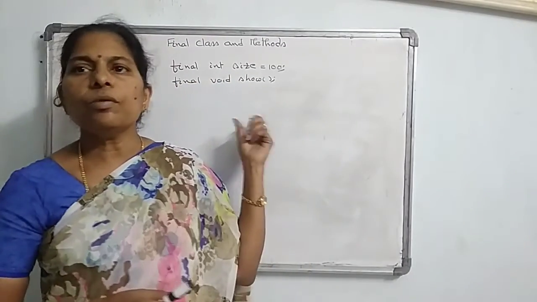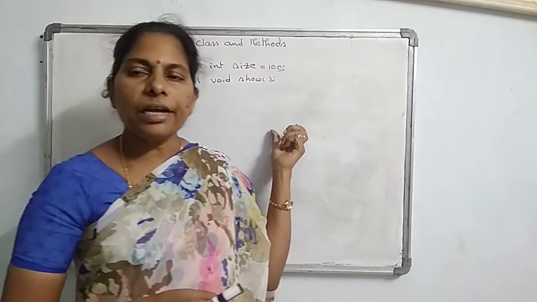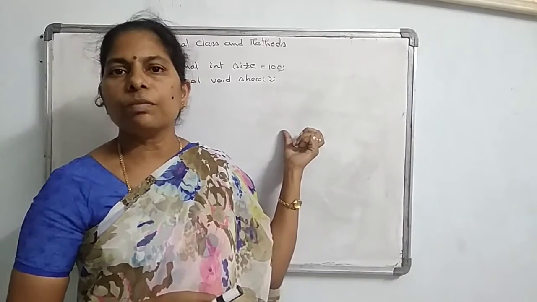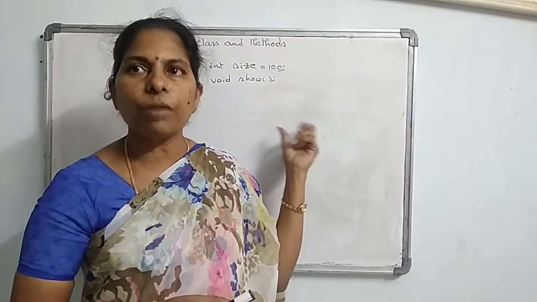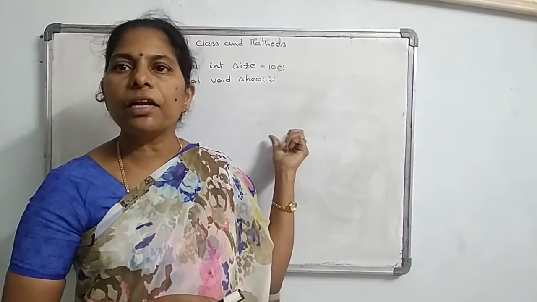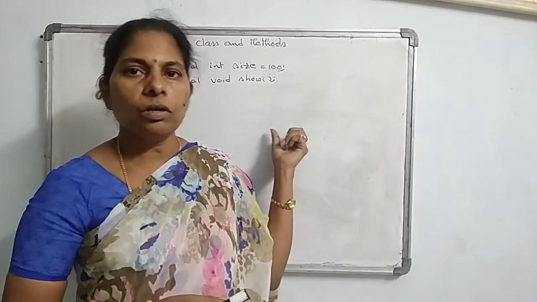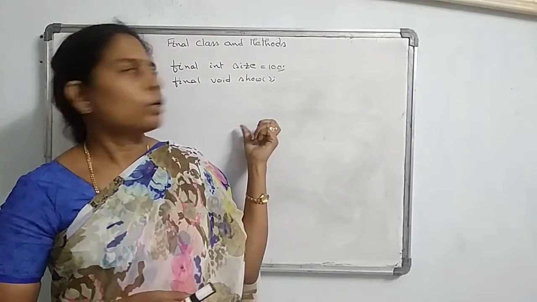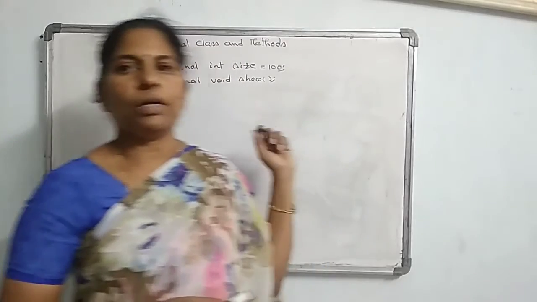And final variables are like class variables. If you take any class variables, they do not take any memory per object. Similarly, final variables also cannot take any space in the class. So these variables cannot take any space in memory.